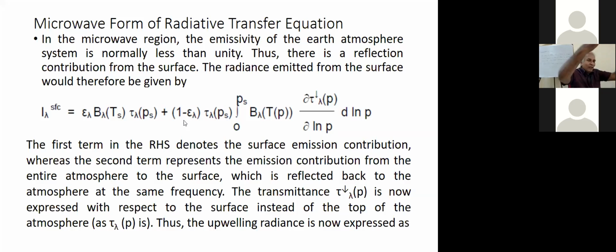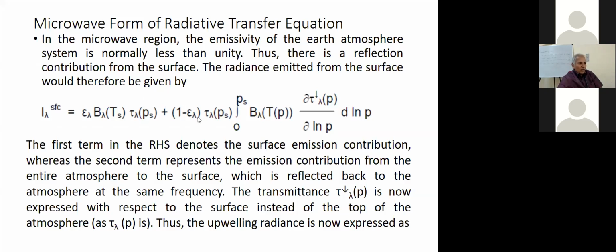So I have some radiation in the microwave part that is reaching the Earth surface, which is actually reflected back. So the contribution by the surface is, one is whatever it's emitting, and that part of the radiation coming from the atmosphere which is getting reflected back.